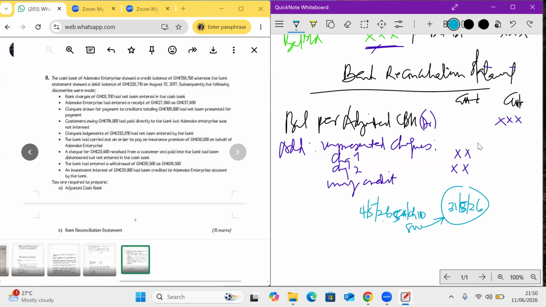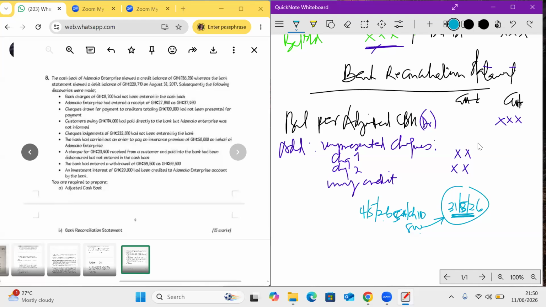Credit. So the business gave the supplier 800, and it will record it on the credit side. But as of the date the business was conducting the reconciliation, 31st May, the supplier has not sent the check to the bank. So they will not see the 800 in the bank statement. Do you get it? Yeah.